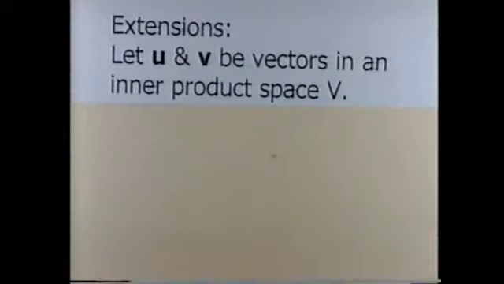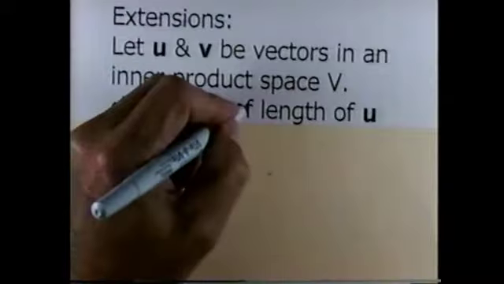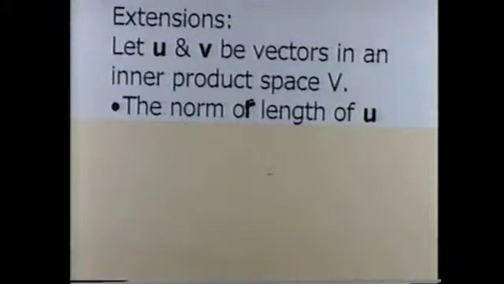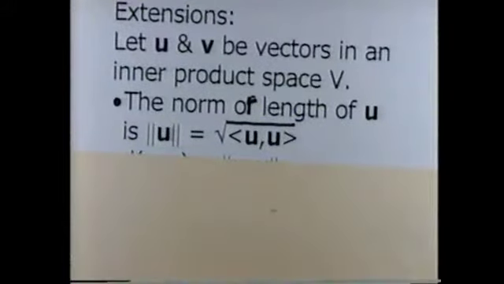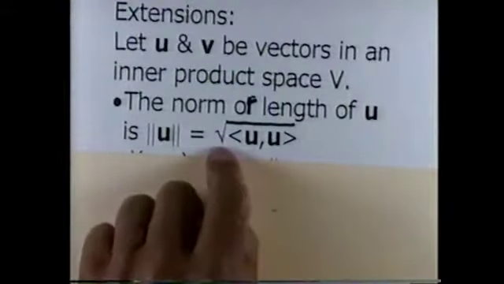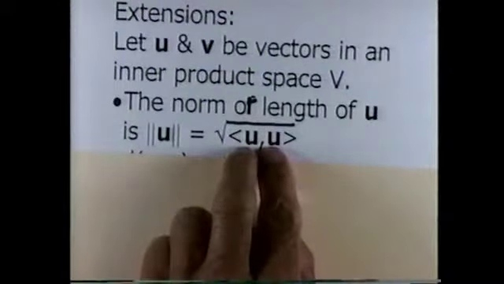Let U and V be vectors in an inner product space V. The norm, or length of vector U, is denoted the same way. The norm of U is equal to the square root of the inner product of U with U.